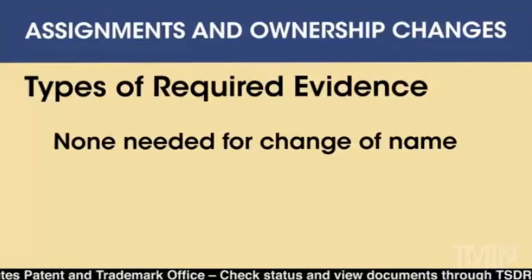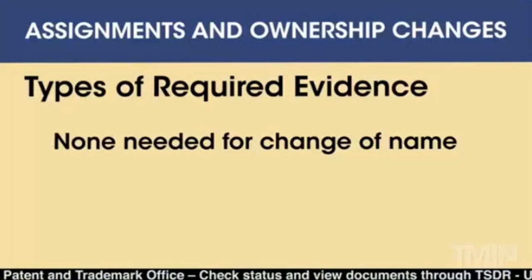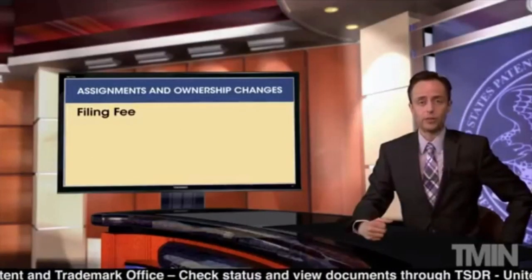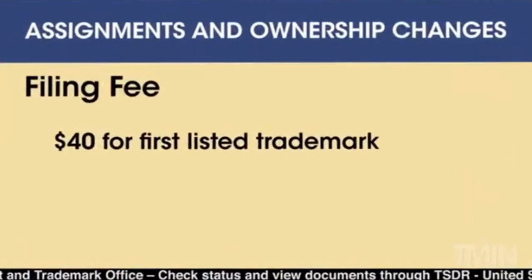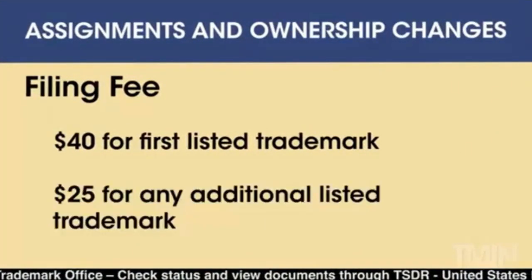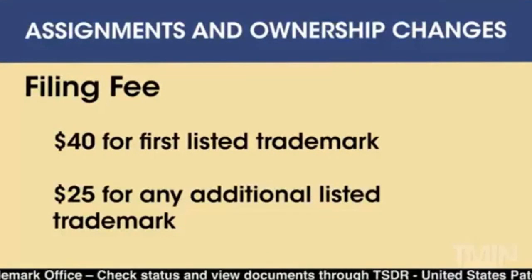You only need to fill out the online form and pay the required fee. And as to the filing fee for all of these forms, it's $40 for the first trademark listed on the form and $25 per trademark for any additional marks listed in the same filing. And that's it. Just fill out the online form, attach any necessary documents, and pay the required fee.